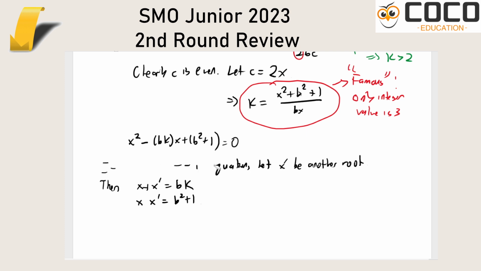So I would paraphrase this to, let this xb be the smallest pair that satisfies this equation.